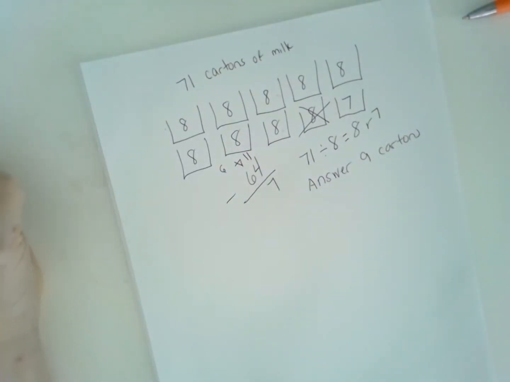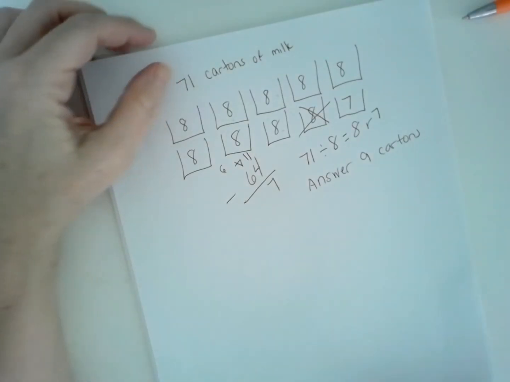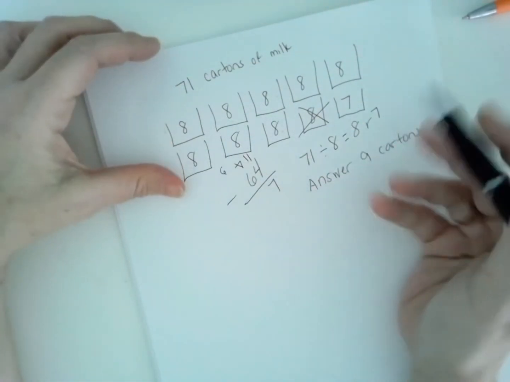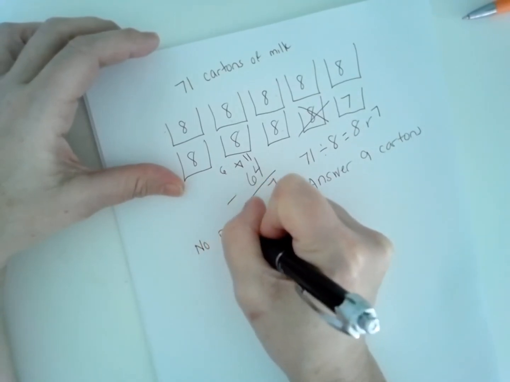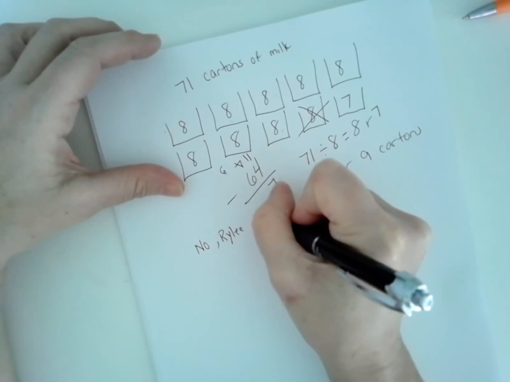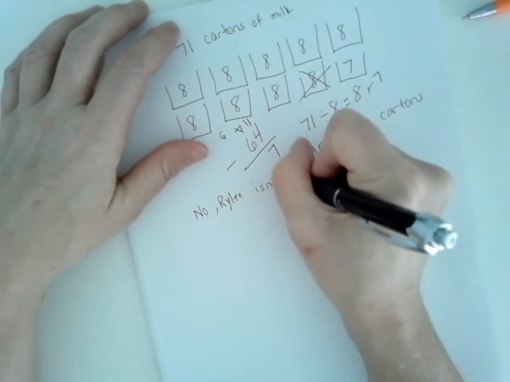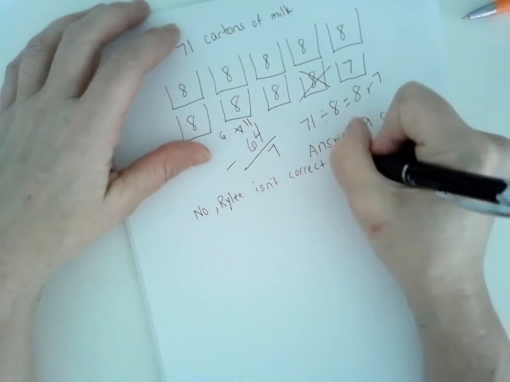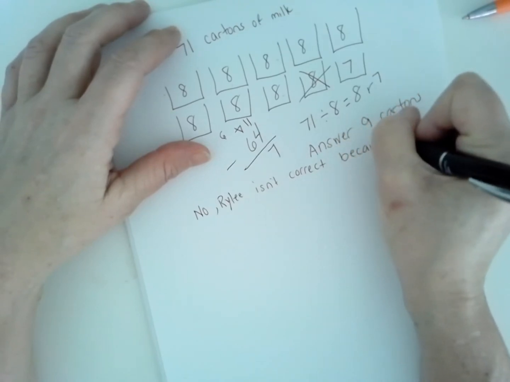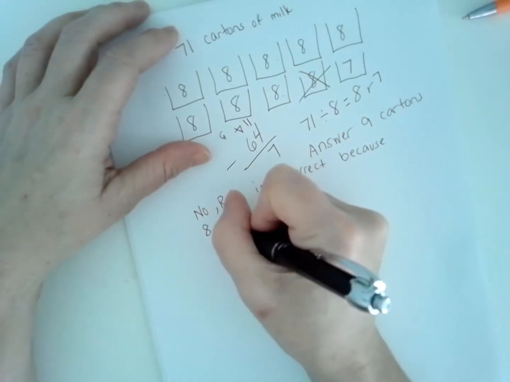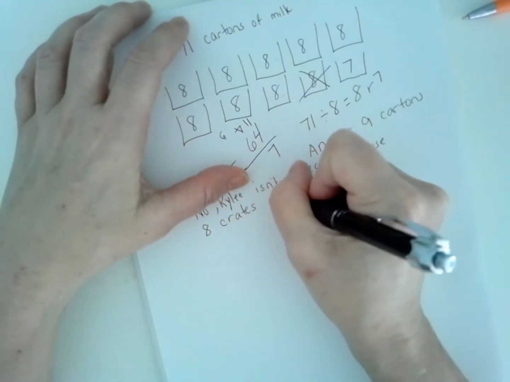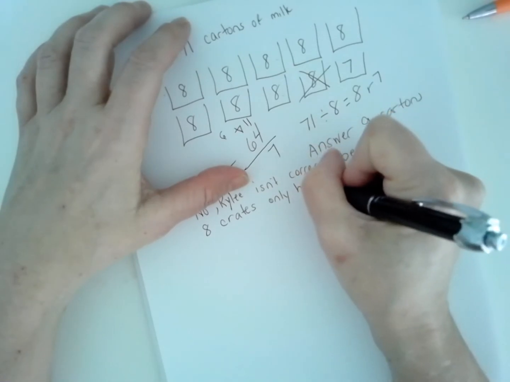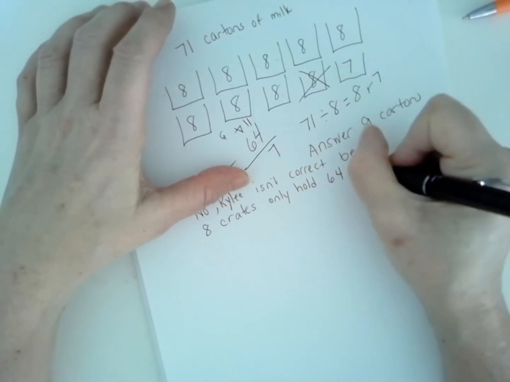Riley solved this problem and said the cafeteria manager needed 8 crates. Is this correct? Explain your thinking. So, no, Riley isn't correct because 8 crates only hold 64 cartons.